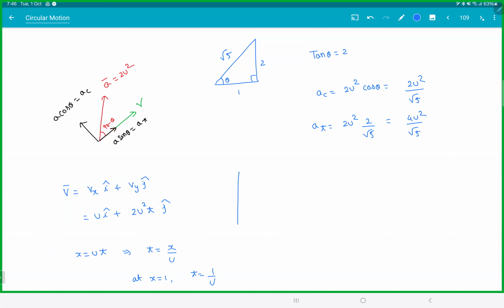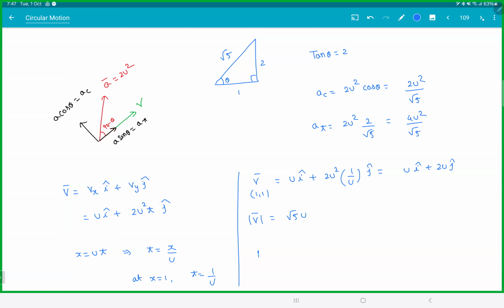So the velocity at 1 comma 1 is u i cap plus 2u square times 1 by u j cap. So the speed would be root 5 u.